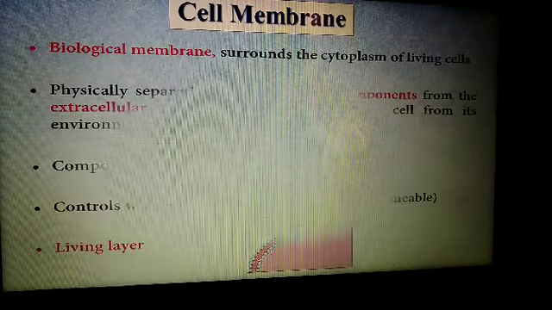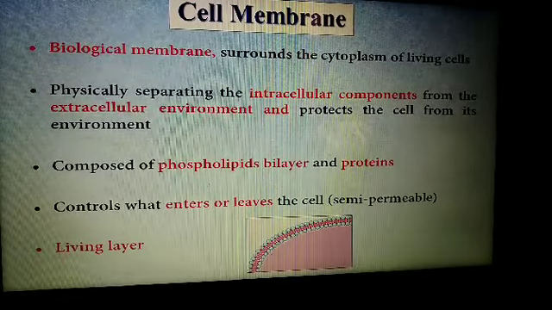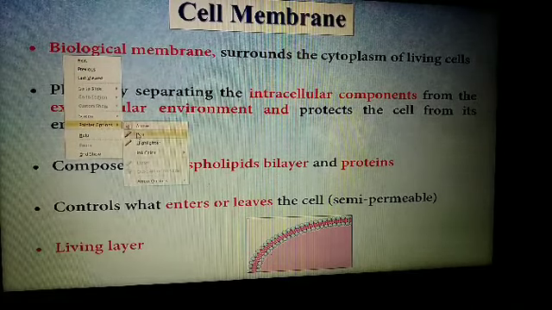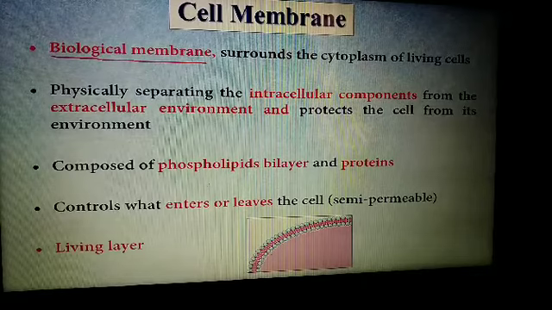So cell membrane, as we all know, is also known as plasma membrane or cytoplasmic membrane, and more specifically it is known as biological membrane. And it surrounds the cytoplasm of living cells.